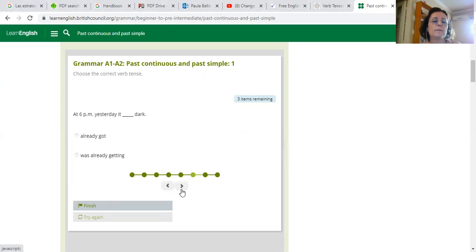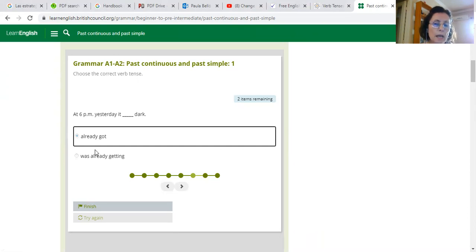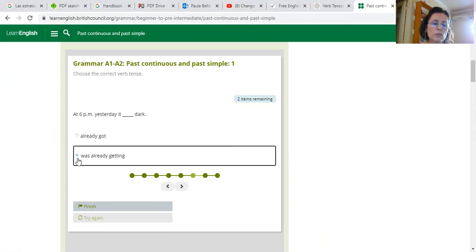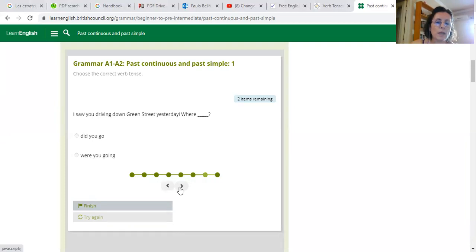It depends how I see the action. Do I see this as a process or as something that happens at one moment in the past? That is the difference. At 6 p.m. yesterday, it was getting dark. Okay, there are two options, but we will see.